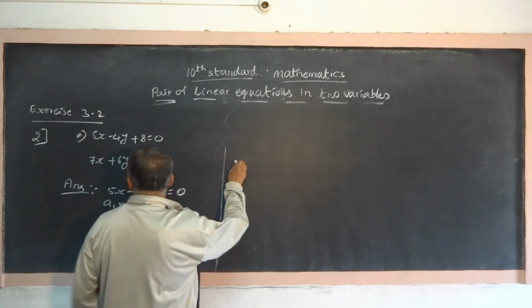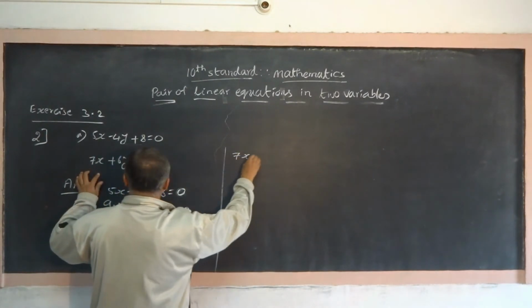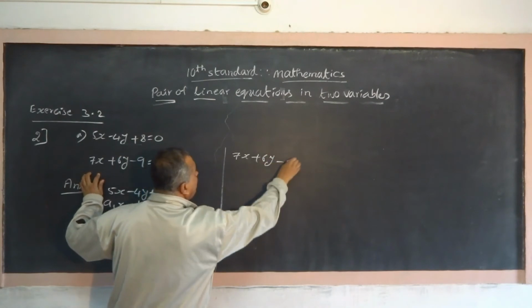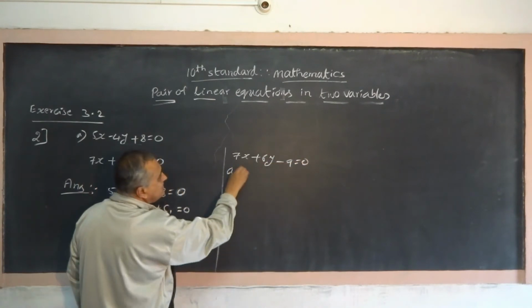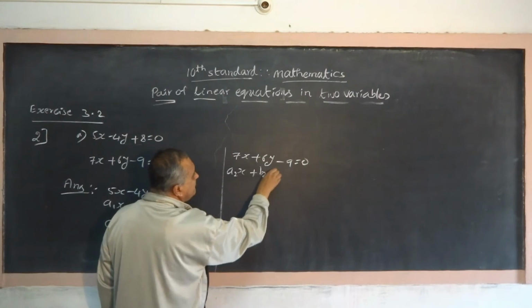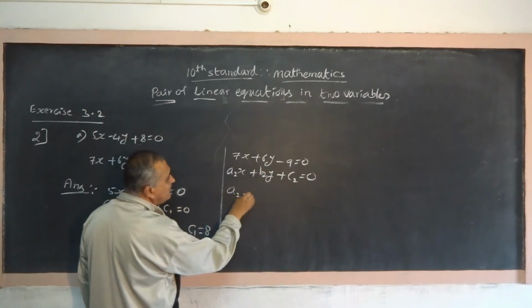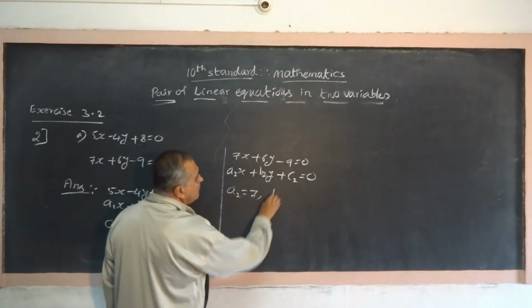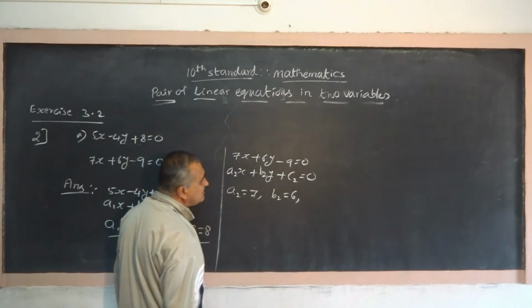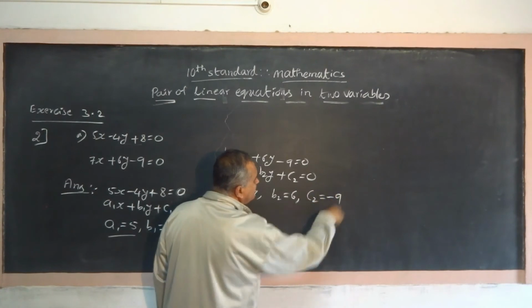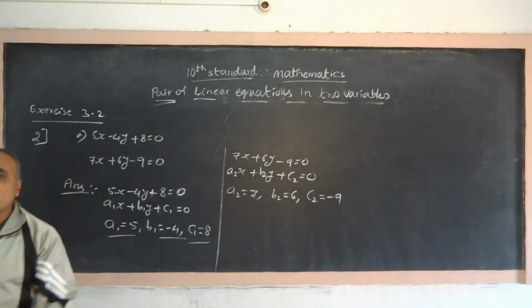Next, the second one is 7x plus 6y minus 9 equals 0. This is a2x plus b2y plus c2 equals 0. What is a2? It is 7. What is b2? It is 6. What is c2? It is minus 9. Now compare.